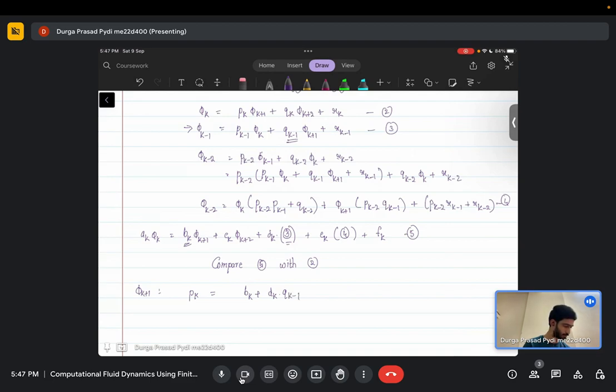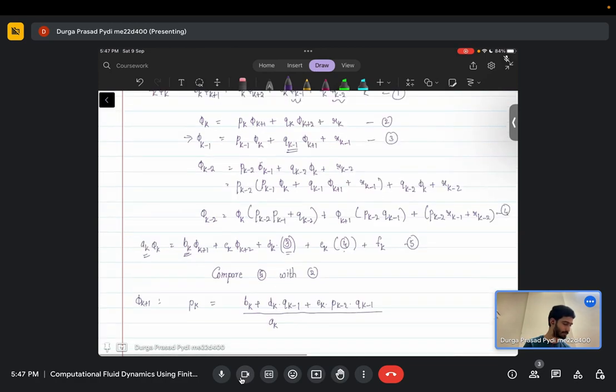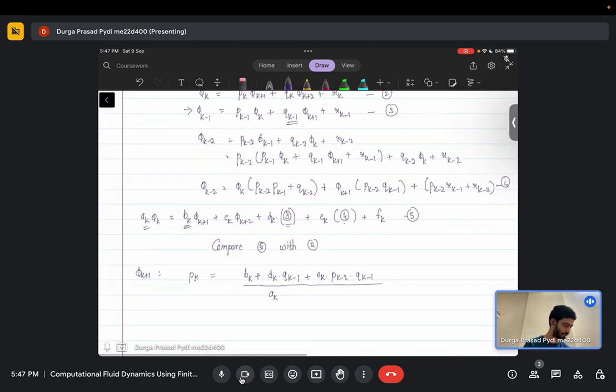And then we go to equation number 4, plus ek times equation number 4. In equation number 4 the coefficient for phi k plus 1 is pk minus 2 times qk minus 1, whole divided by, now we have to group the coefficients for phi k. So we have a coefficient ak here, and then in equation number 3 we have a coefficient of pk minus 1, so that goes to the LHS, so that is minus dk times pk minus 1.